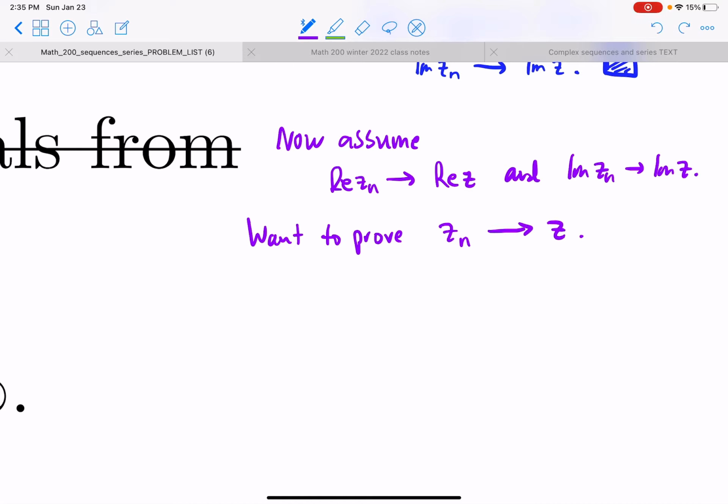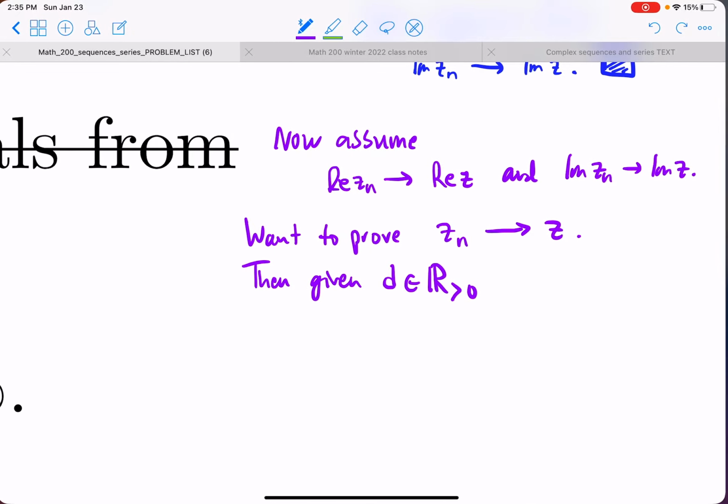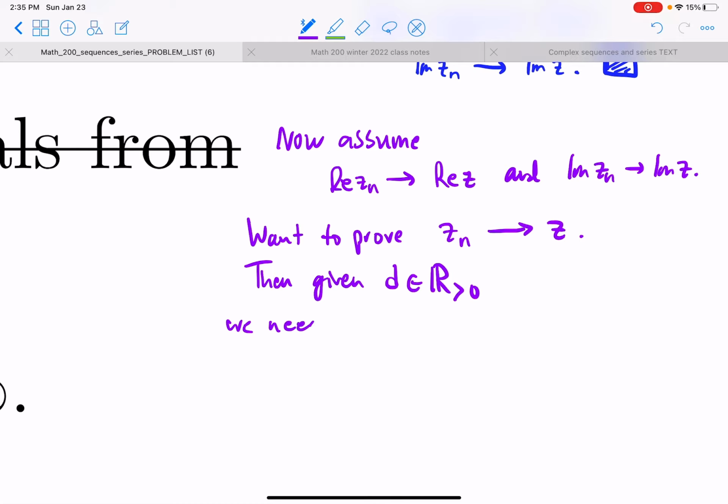Okay, so then given a positive number, we need to show that these get small enough, that there's a cutoff so that whenever we go far enough out, the distance between these two is less than d. Then given d, we need to show that there exists an N. There exists a cutoff value.